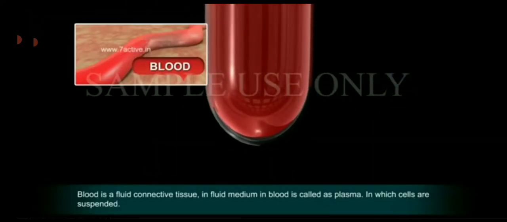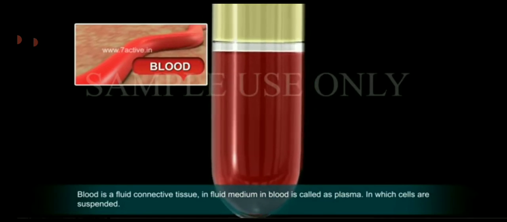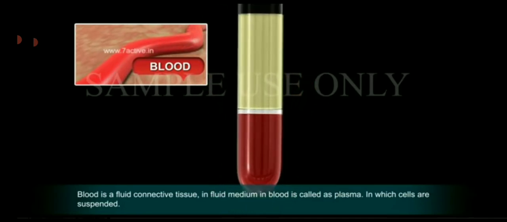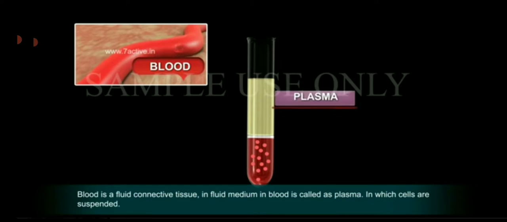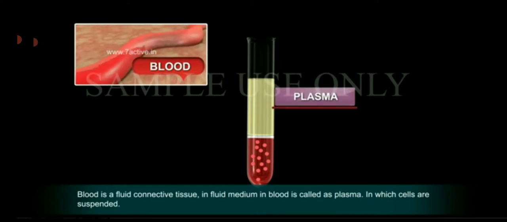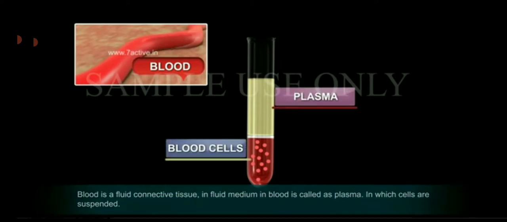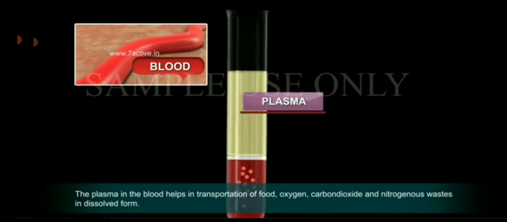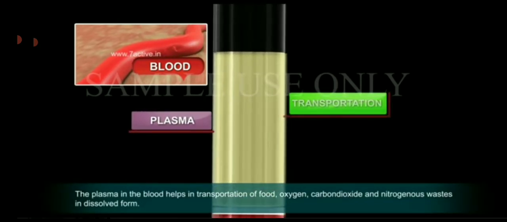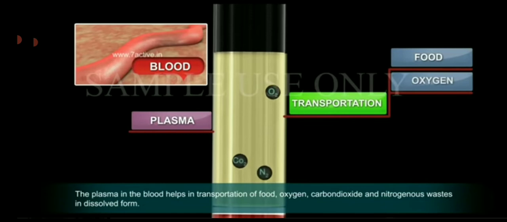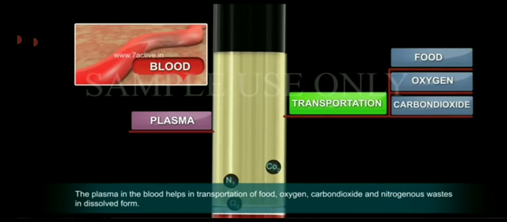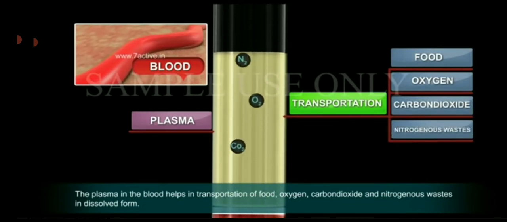Blood is a fluid connective tissue. In the fluid medium, called plasma, cells are suspended. The plasma in the blood helps in transportation of food, oxygen, carbon dioxide and nitrogenous wastes in dissolved form.